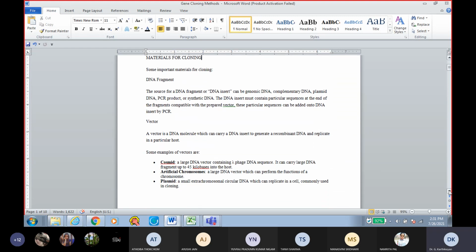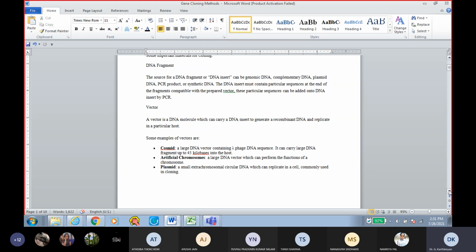One is your DNA fragment, which is the DNA of interest, and this DNA of interest will be joined to a vector, and this vector is generally a plasmid molecule. All of you know that a plasmid is this extrachromosomal DNA that has the ability to replicate independent of the chromosomal DNA, right?